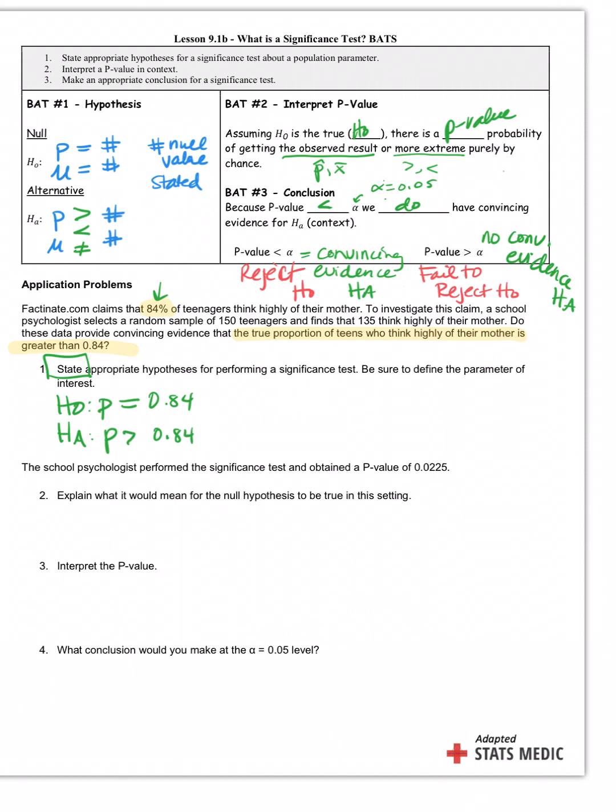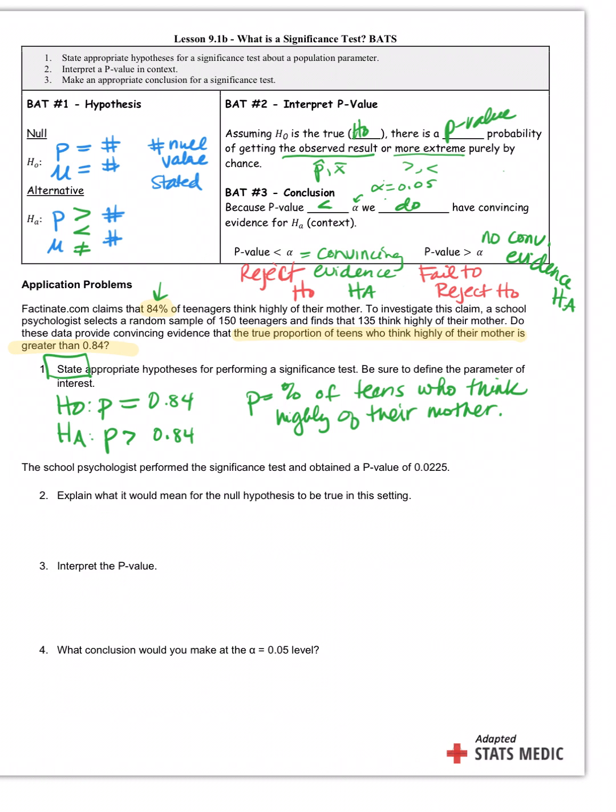All right, now, there it is. Now, the only other thing we need to do is define what does P represent in this question. It's the percent of teens who think highly of their mother. So far, so good?